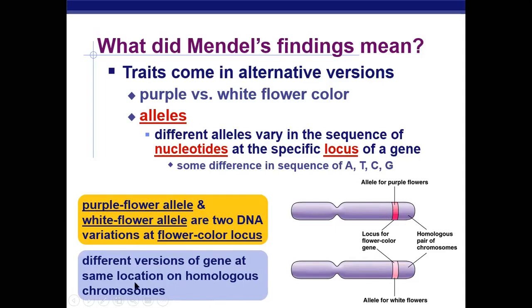They're different versions of a gene at the same location on homologous chromosomes. We know that purple masks white. We know that every offspring of a genetic pair has one of each, a mother allele, I guess, and a father allele, if you will. So it just depends on if they get a dominant allele, 2 recessive alleles, or a dominant and a recessive allele, what they're going to look like.